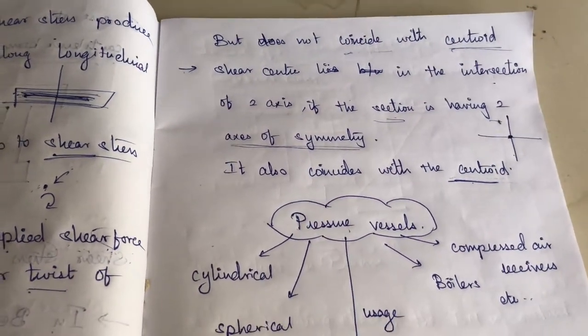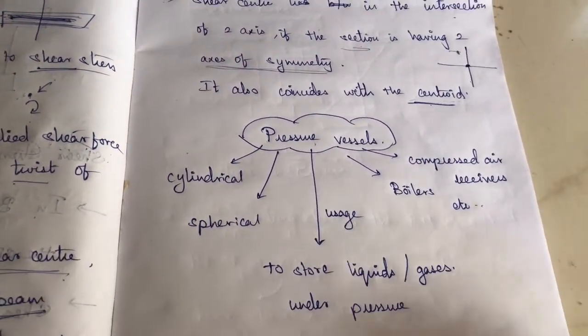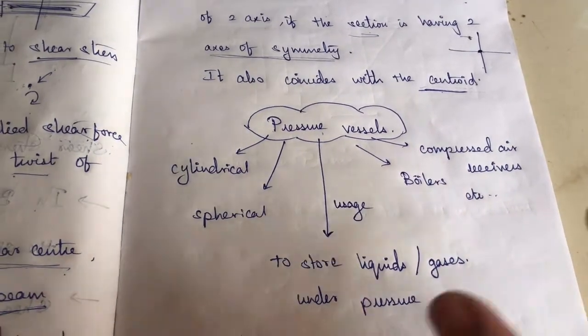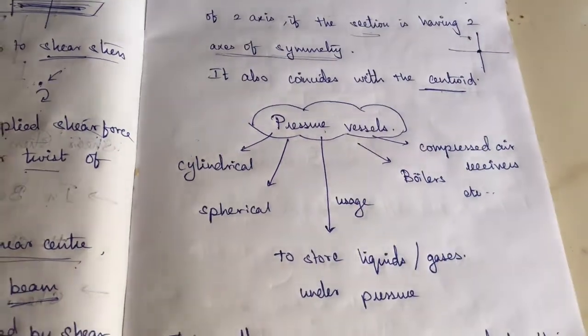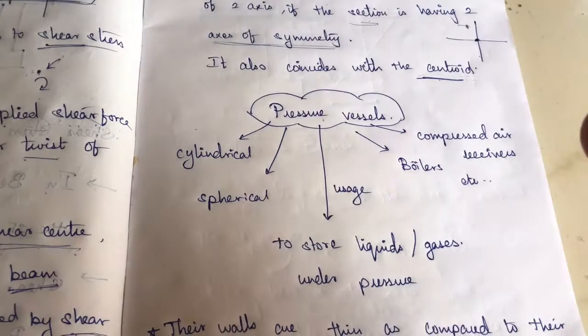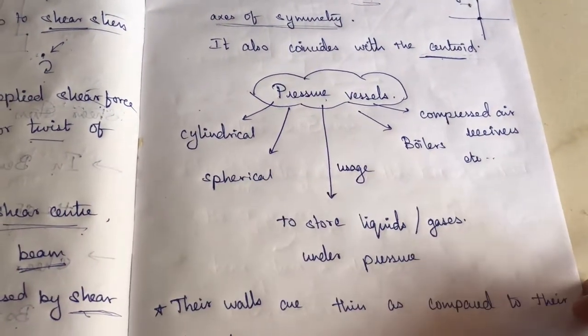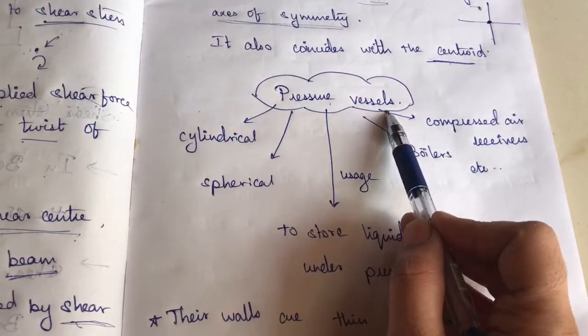Okay, and the next one, I'm just giving the introduction part for the pressure vessels. So we will see the detailed things in the next video. What is a pressure vessel?